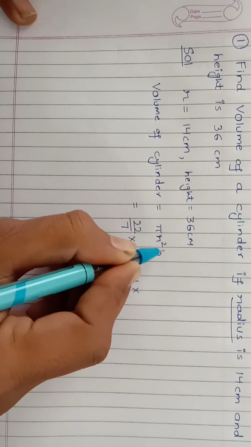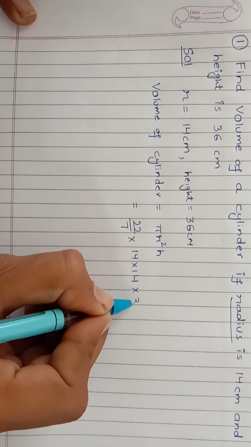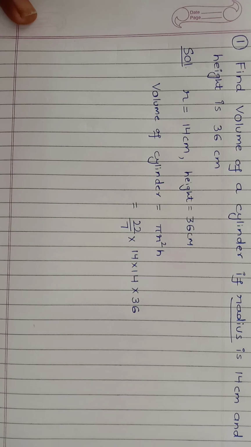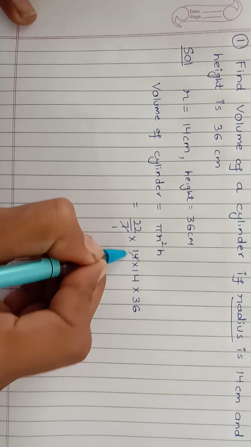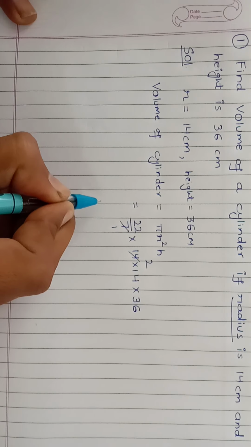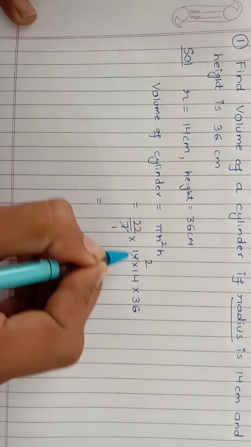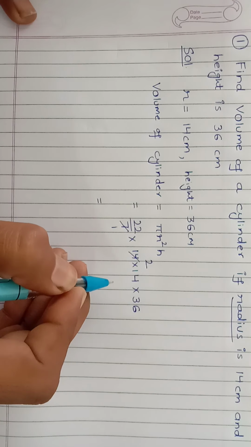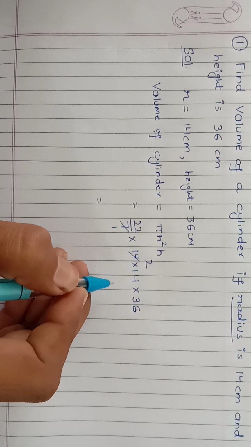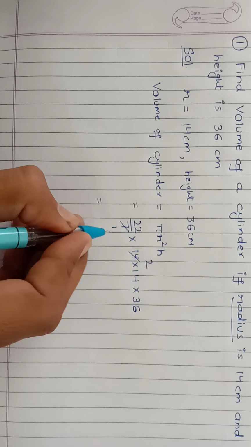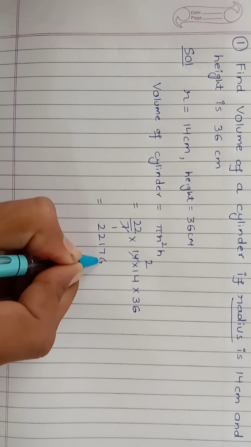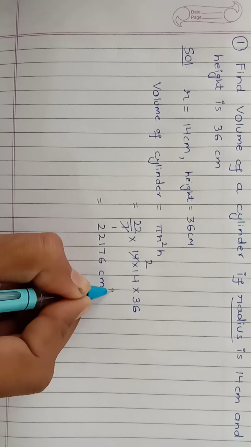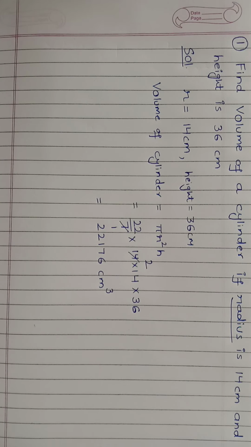Then the value of height h, that is 36 centimeter. Now calculate: 7 1 is 7, 7 2s are 14. Then no other cancelling, all the numbers you have to multiply, it will become 22176 centimeters. It is the volume of a cylinder.